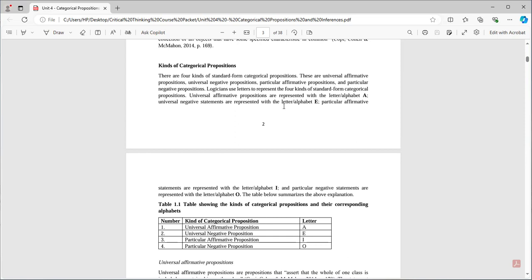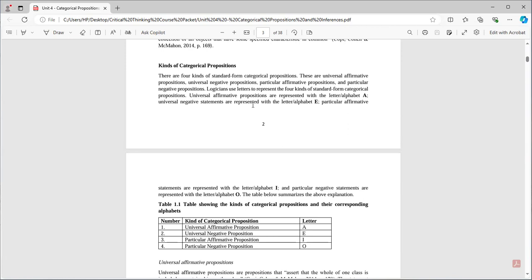Some women are not liars. Some members of the class of women do not belong to the class of liars. Particular negative proposition. So we've identified the four kinds of categorical proposition.